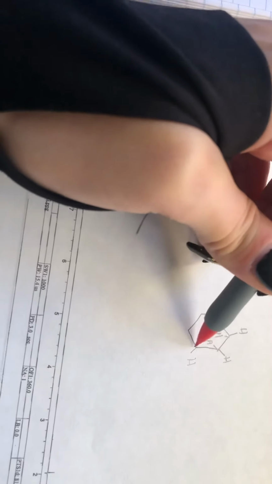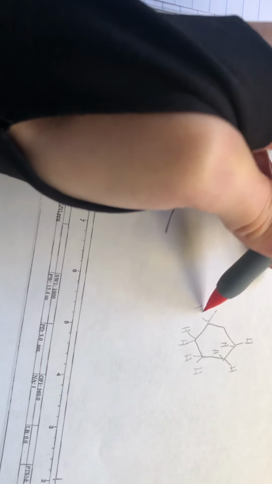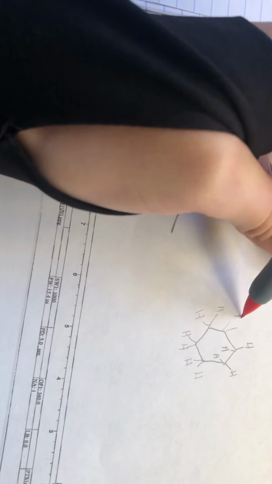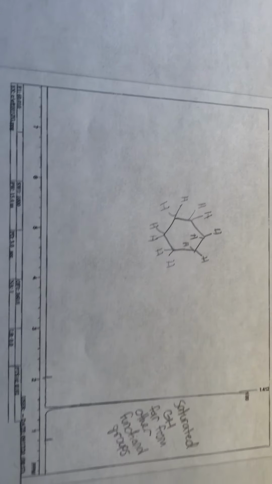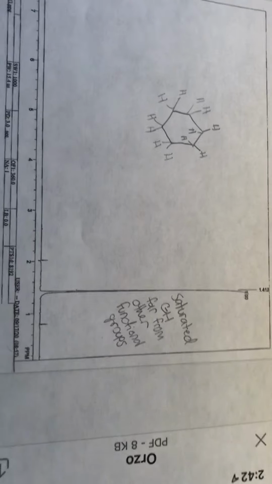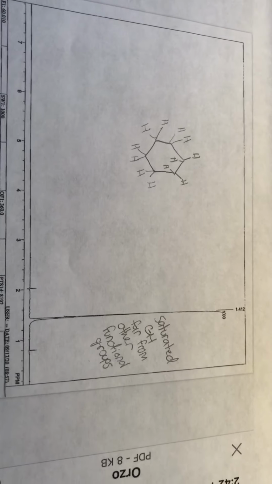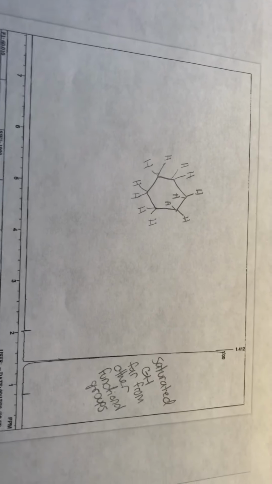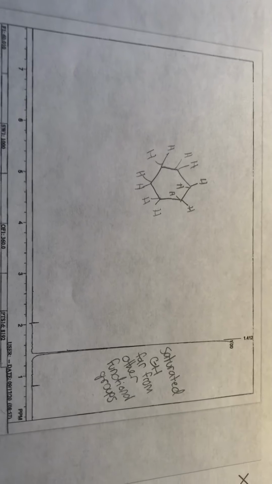And if I draw out the hydrogens, you can see that they are all next to the same kind of hydrogen. So that is why I believe that this NMR spectroscopy sheet is interpreting that this sample that is unknown is cyclohexane.